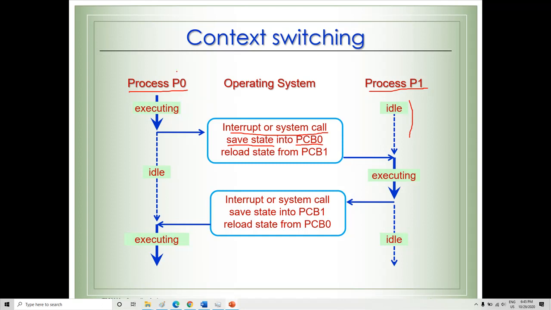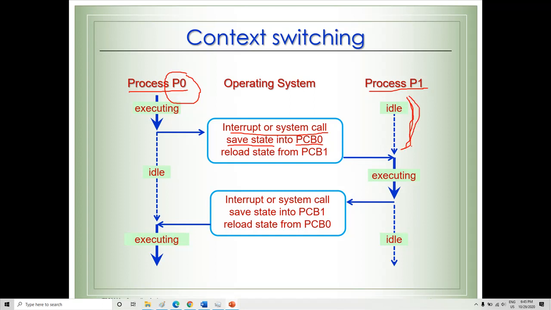Now, the process P0 is sent to the ready queue, so its current value is saved into its process control block. Now, let us assume the scheduler has selected P1 as the next process which would be running on the CPU. Process 1 is currently waiting in the ready queue, and it is going to run.